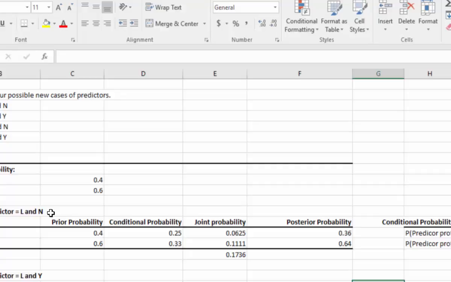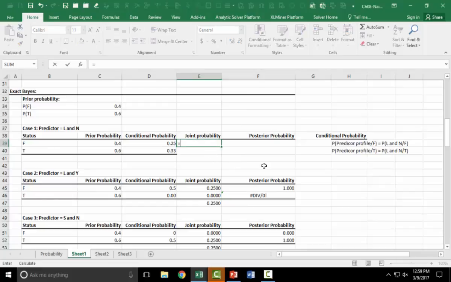Right? Okay, so now we have to repeat this for the other predicted profiles. There are totally 4 predicted profiles. Now we have to do this for each of them. So the joint probability should be conditional probability times the prior probability.